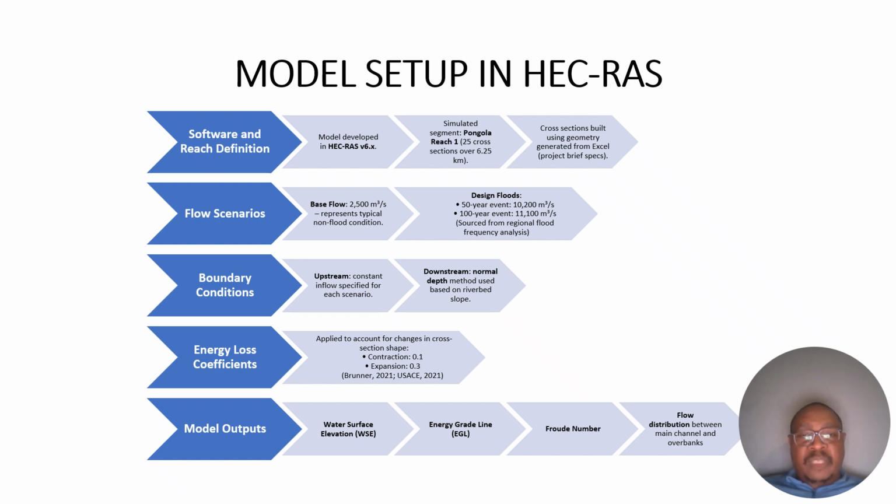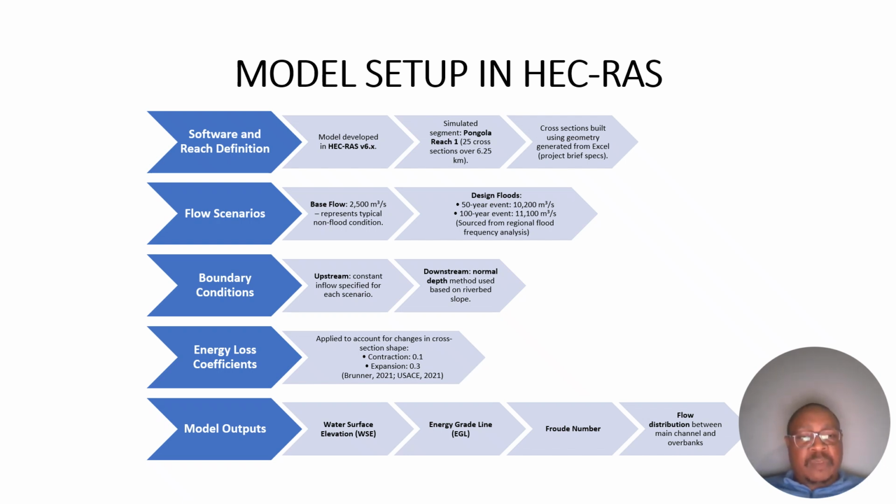And then in terms of the model setup of the HEC-RAS software, this is the software that's been used, and it's simulating the Pongola River, and the cross sections were built using the geometric information generated from the Excel, which I've also attached in the report.